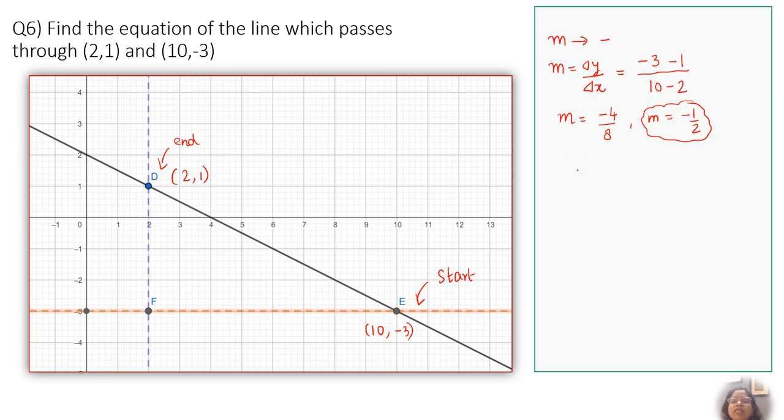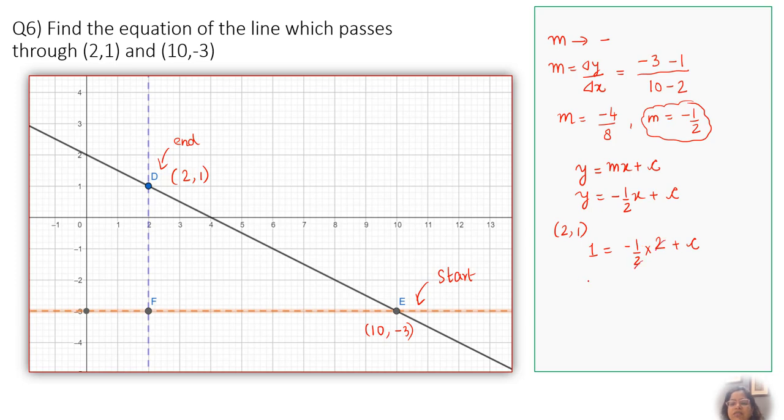Having got that, we're going to substitute this in the equation y equals mx plus c, which makes it y equals -1/2 x plus c. Now, in order to find out the value of c, we're going to choose any one of the two points, (2, 1) being the simpler one. Let's choose this point, which makes the value of y as 1, equals -1/2 multiplied by the value of x as 2, plus c.